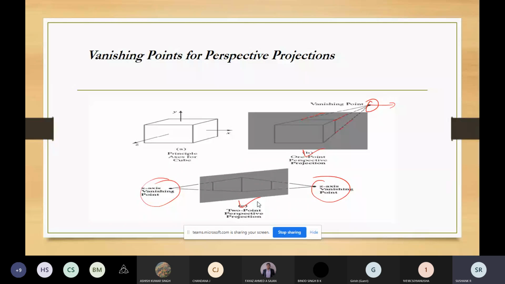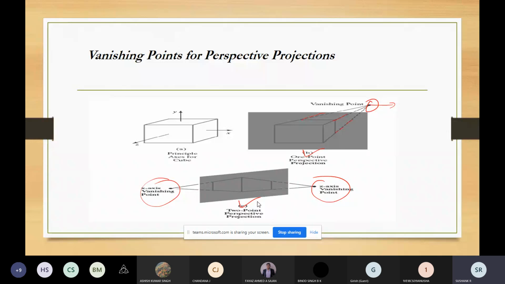And we have one more image where we have the 2 point projection, where the plane is intersecting with the x-axis, meaning the x-axis vanishing point, and the z-axis, meaning the z-axis vanishing point, but it is not intersecting with the y-axis. So we have got the 2 point projection.